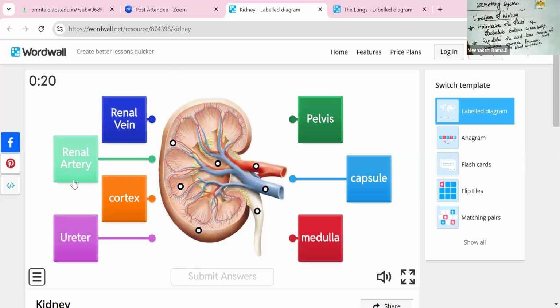Renal vein, renal artery, cortex, ureter, medulla, capsule, and pelvis. So there are 7 parts here. Now I am going to choose the right part. Okay.